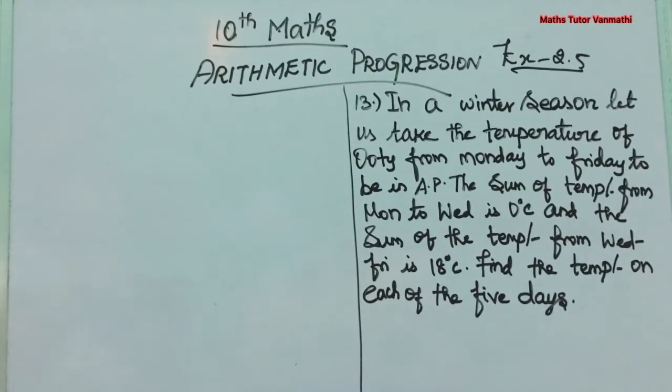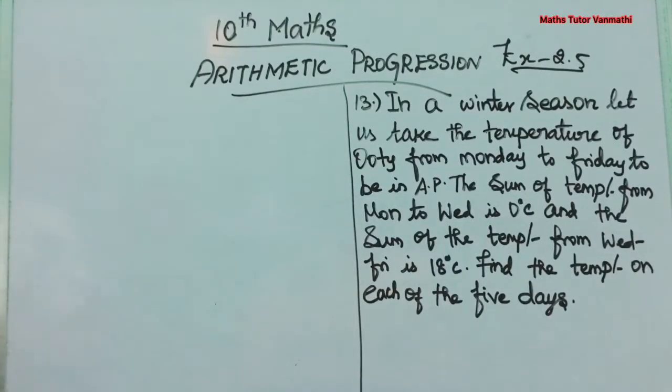These temperatures are in arithmetic progression. Now we are going to find the temperature on each of these 5 days, that is, the temperature on Monday, Tuesday, Wednesday, Thursday, Friday. So that is the solution for this problem. Let us go on to the solution now.